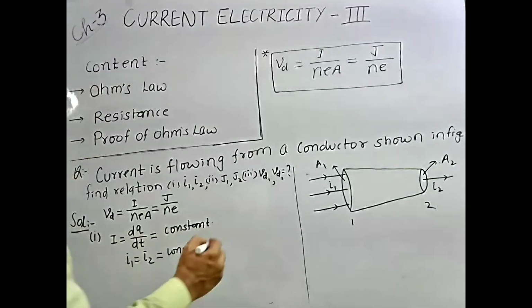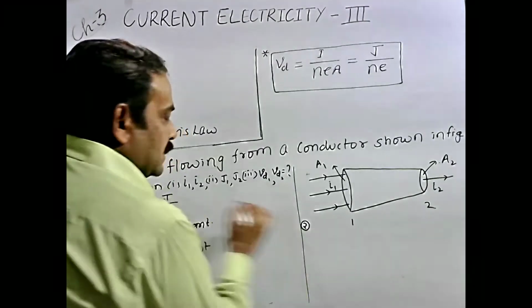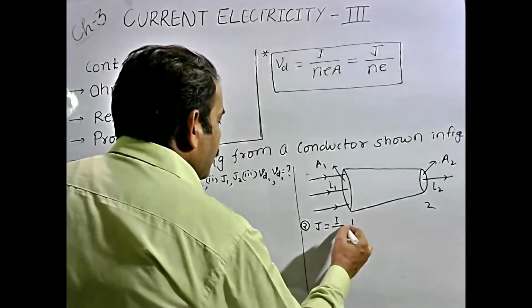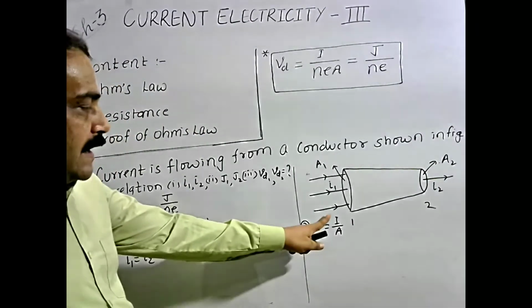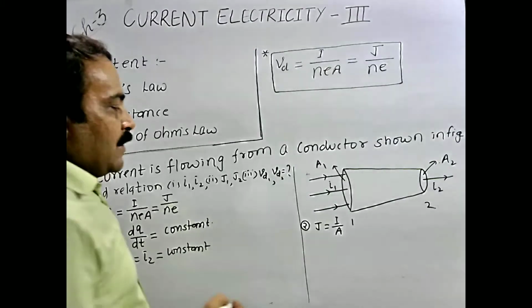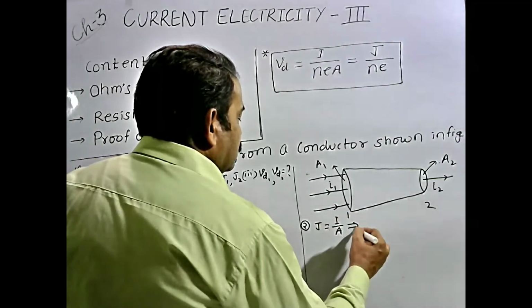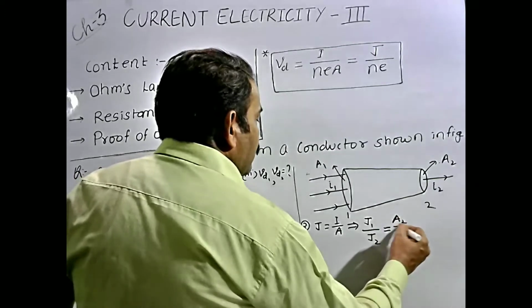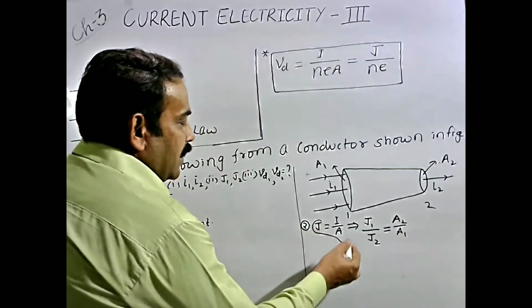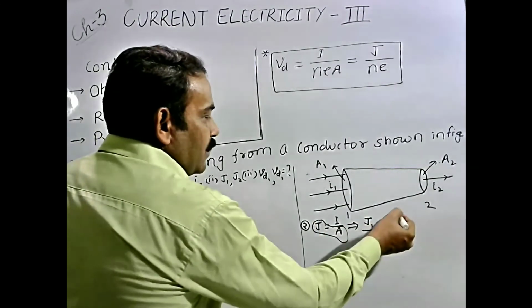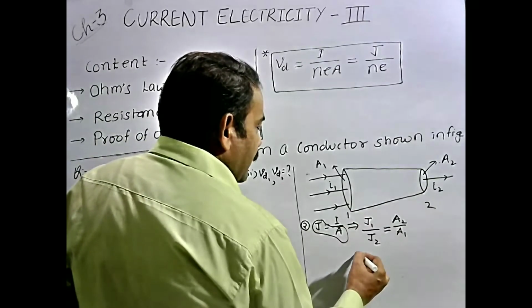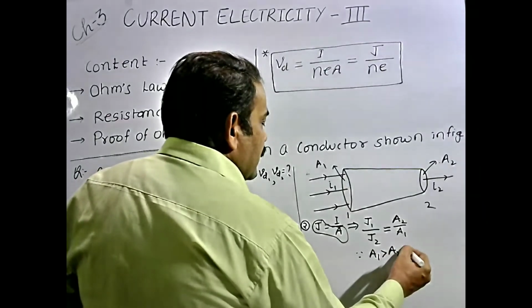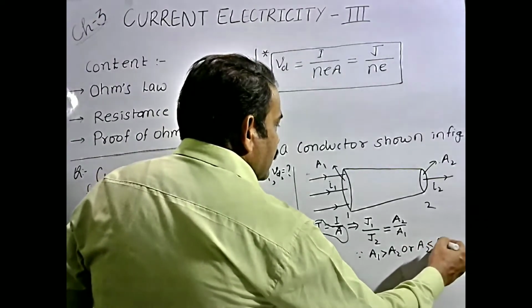So here we know that to obtain this relation, as we know that definition of current density is J equal to I upon A. As we know that current is same from the first relation, current is same, so current density will be J1 upon J2 equal to A2 upon A1 because J is inversely proportional to A. So J1 upon J2 equal to A2 upon A1, as it is clear from this figure A1 is greater than A2, or you can say A2 is less than A1.